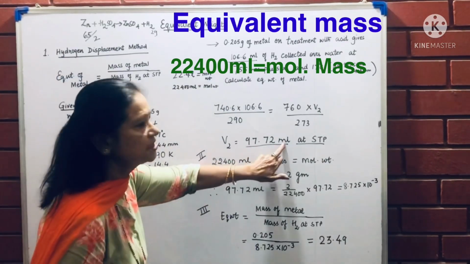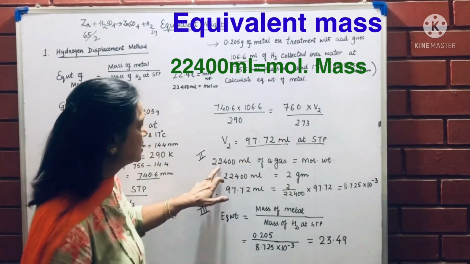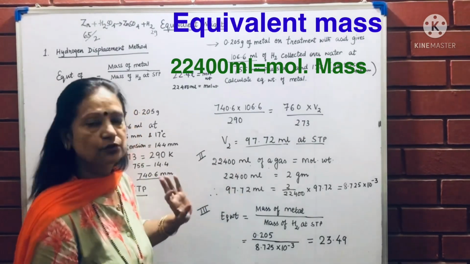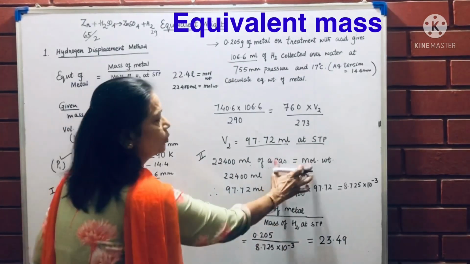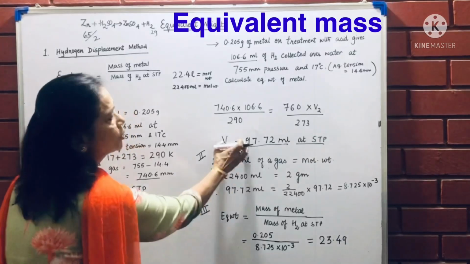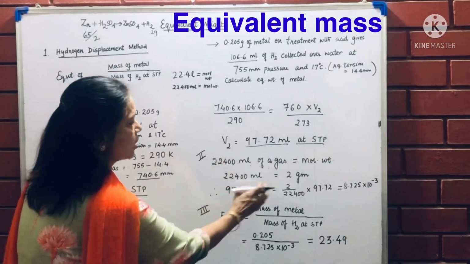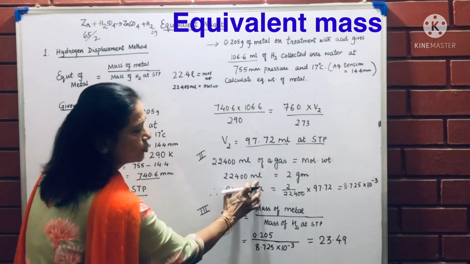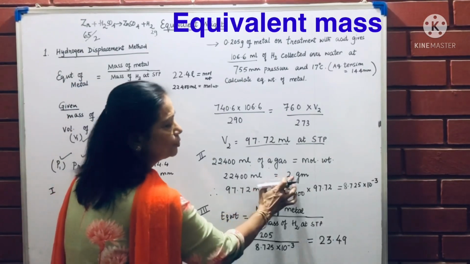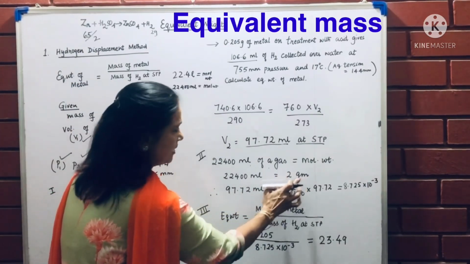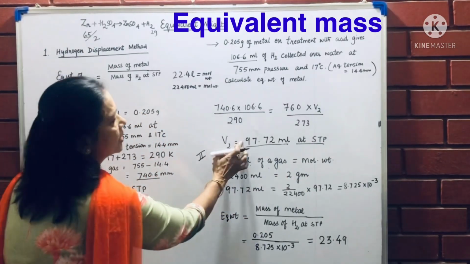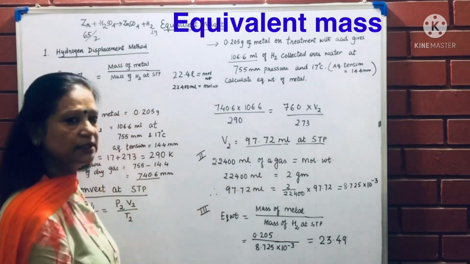Since this was in milliliters, I have taken 22400 milliliters. Since we were talking about hydrogen, 22400 milliliters is equal to 2 grams, the molecular weight of hydrogen. So therefore 97.72 is equal to how much?